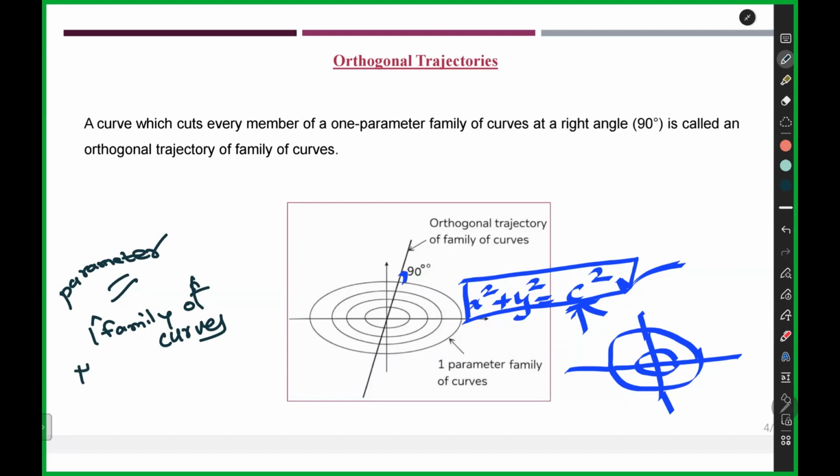Then we know the slope. What is slope? Anyone? If I have this equation x square plus y square is equal to c squared, then how do we find slope?